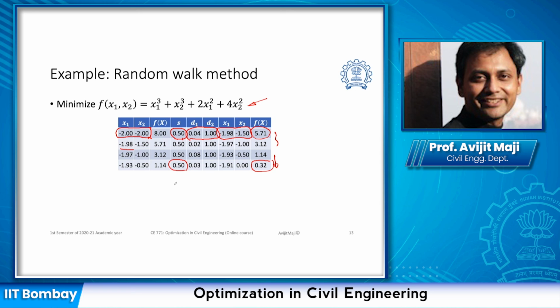We need to reduce the step size and continue the process, and if we cannot further reduce the step size, or if we cannot find any better solution even with the reduced step size, then we terminate and report this last point as the optimum solution.